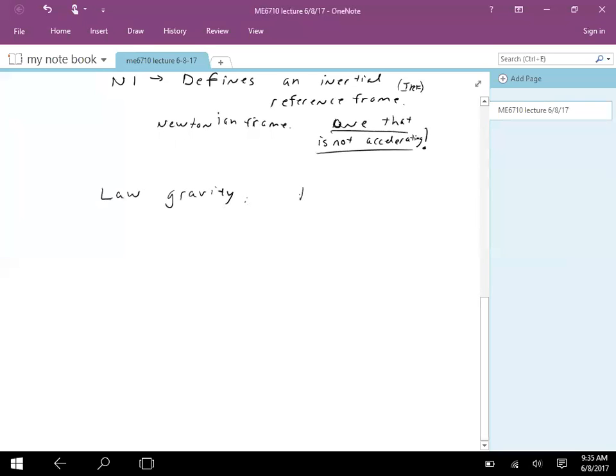And his law of gravity is that F is proportional to the two masses, M1 and M2. So the force between two masses, what I should be saying, is a product of the two masses divided by the distance squared between them, and then he threw in this gravitational constant, G. If you look in the back of your dynamics book, they'll use the term mu, and I think mu may have the mass of Earth tacked in.